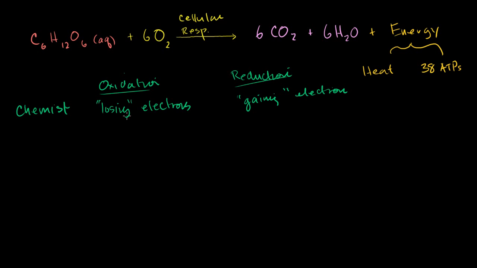And if you have trouble remembering, oxidation is losing, that's the mnemonic. Oxidation is losing electrons, and reduction is gaining, or RIG. So OIL RIG. This is what you learn in chemistry class.